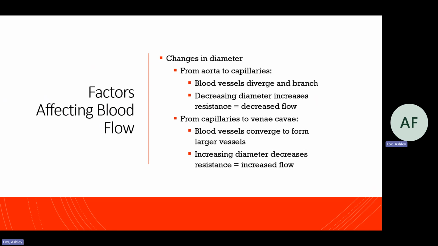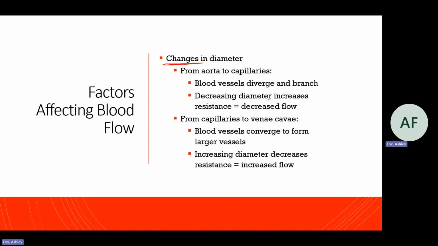More factors, again, changing the diameter, vasoconstricting or vasodilating. This is just natural. So this is just size. The aorta is significantly larger than capillaries. You also have more branching, more roads that you have to travel.